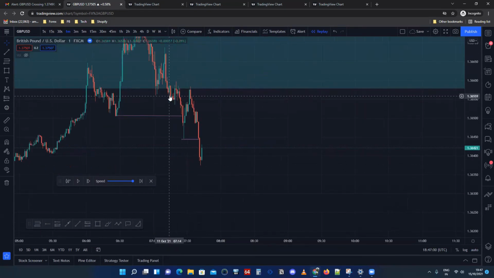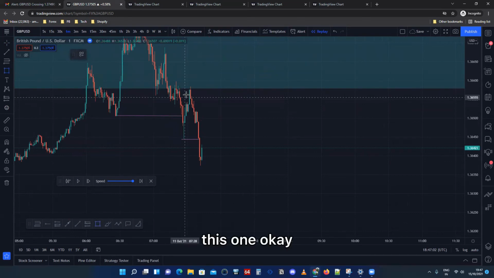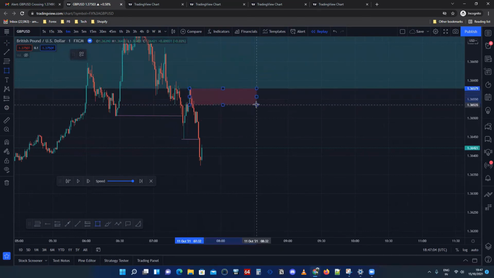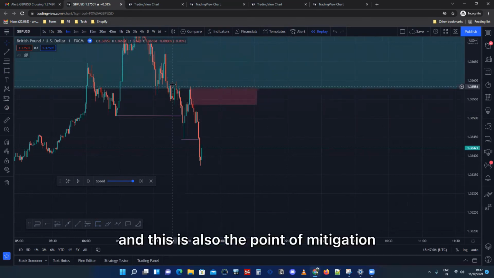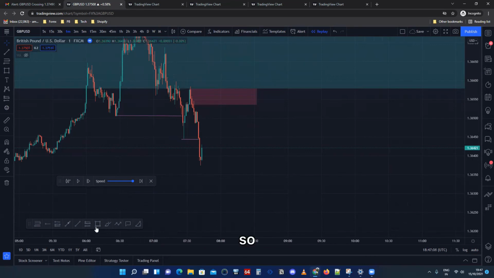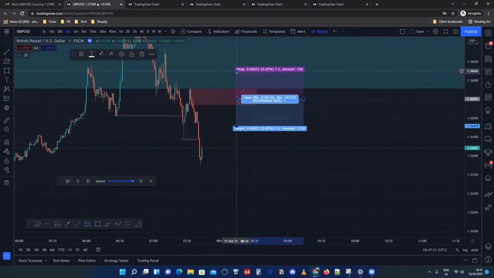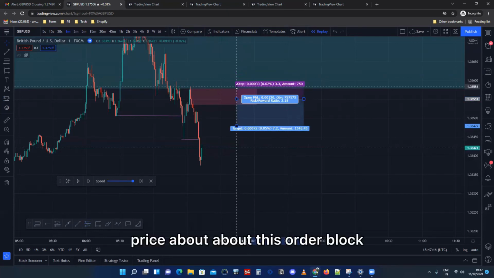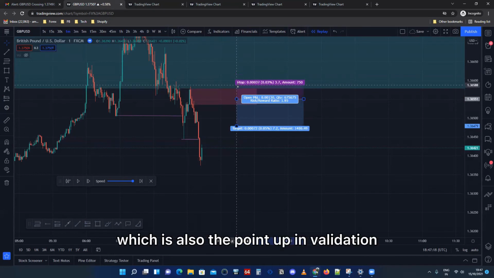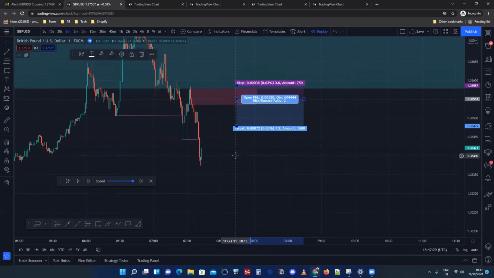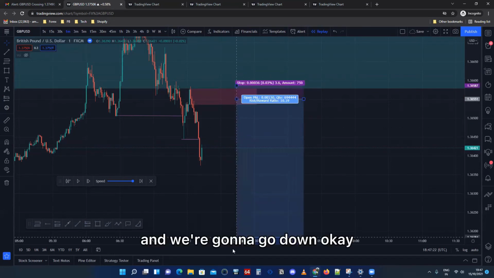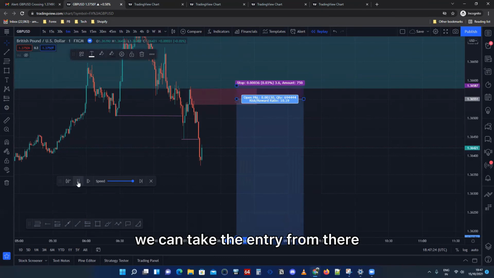It is this one, and this is also the point of mitigation, the last mitigation. So we're going to put an order here at the 50%, with price above this order block, which is also the point of invalidation, and we're going to go down. We'll take the entry from there.